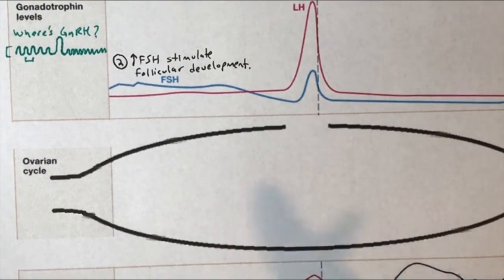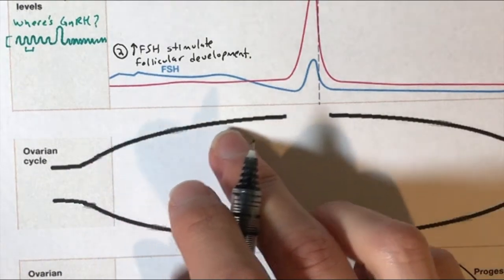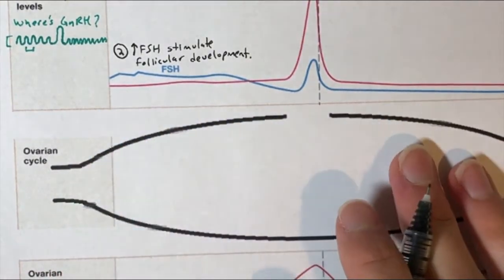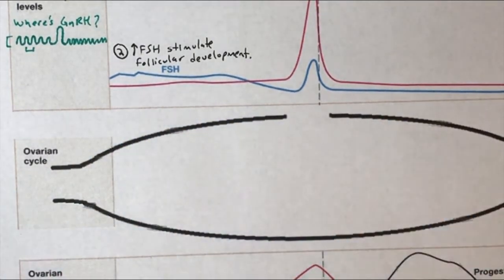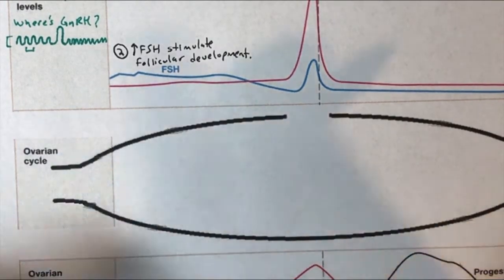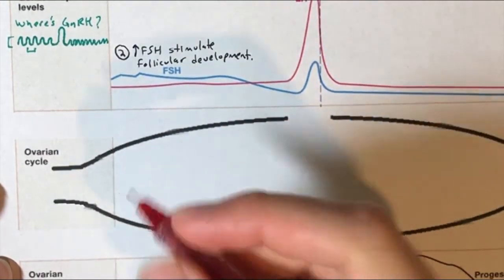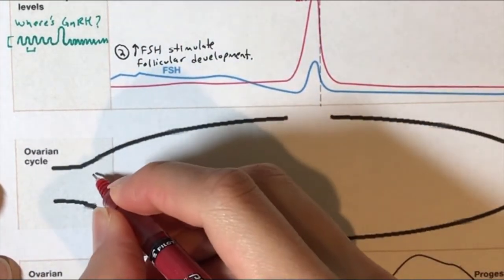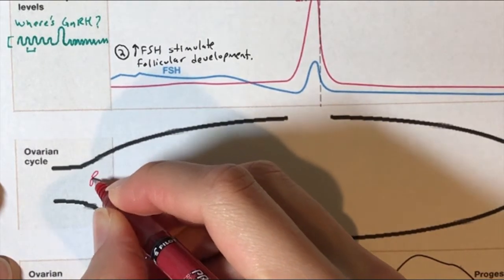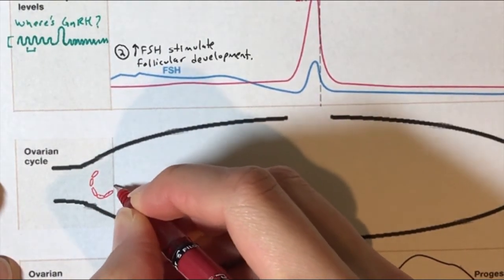All right, so how does that happen? To see how this FSH stimulates follicular development, we have to look at the ovaries. So let's draw a couple of things here. Of course, the hormone has to somehow get into the ovaries, so we're going to need capillaries. Let's draw a cross section of a capillary.